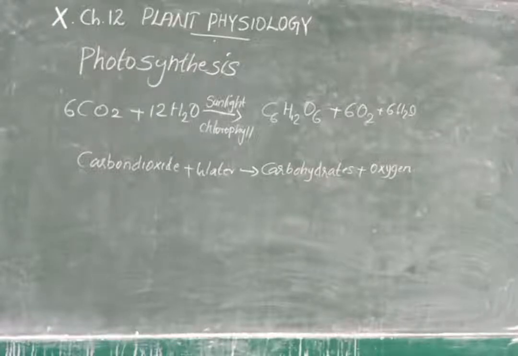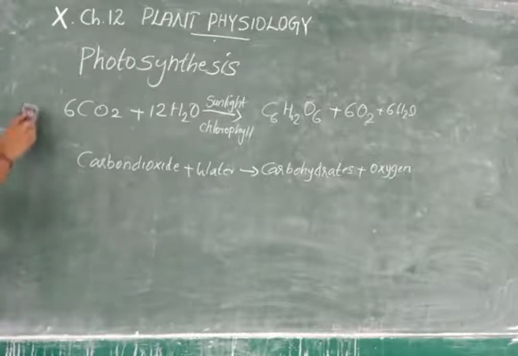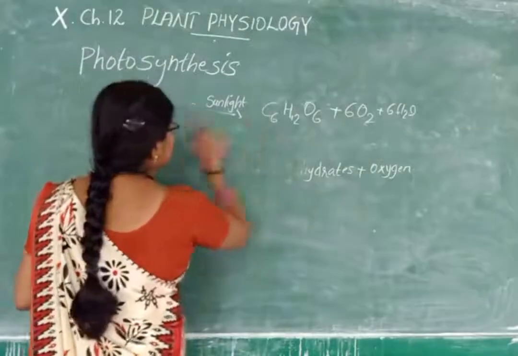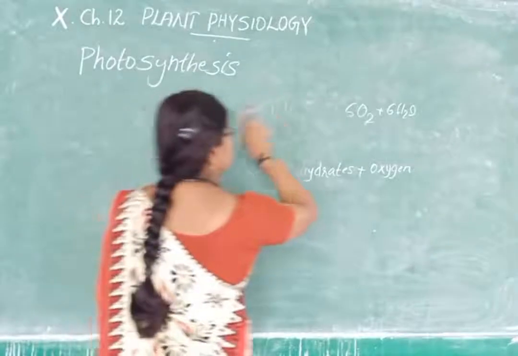So the autotrophic organisms utilize the energy from the sunlight and combine carbon dioxide with water to produce carbohydrates and oxygen. This process is called photosynthesis. The process of photosynthesis requires pigments.